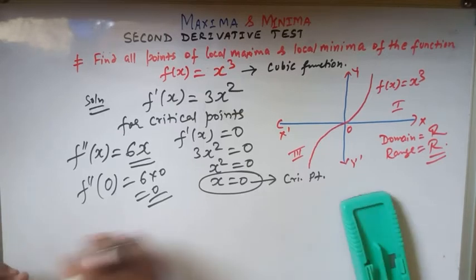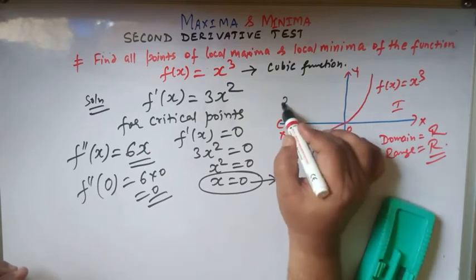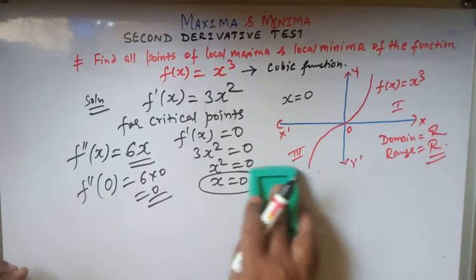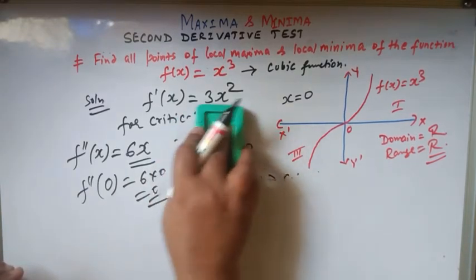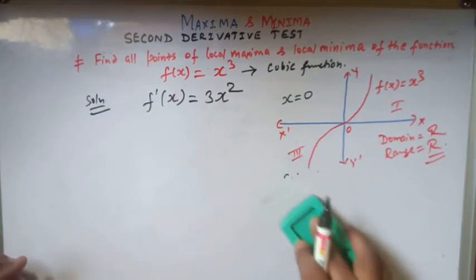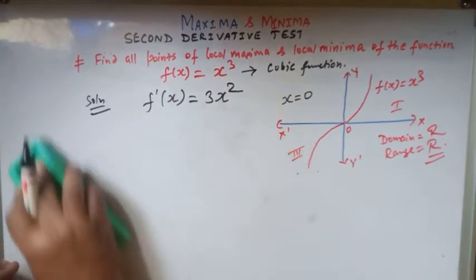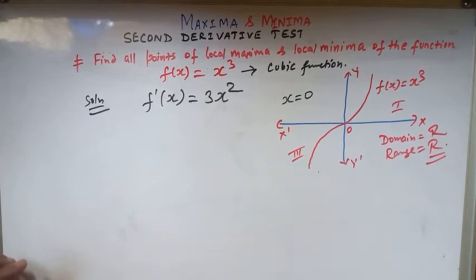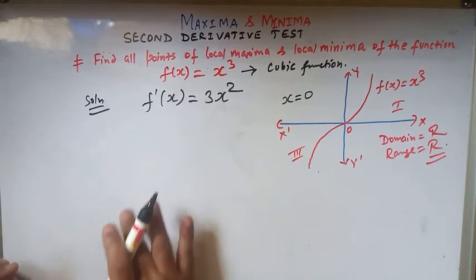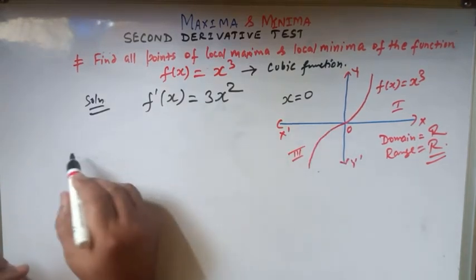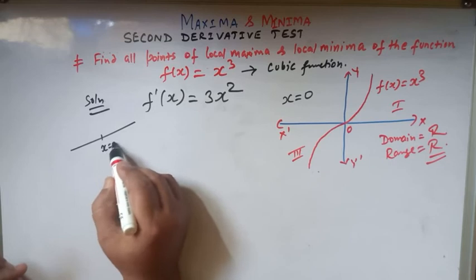So here I am writing the critical point here, x is equal to 0, and now we will calculate the sign of the first derivative to the immediate left and right of x equal to 0. So this is x equal to 0.